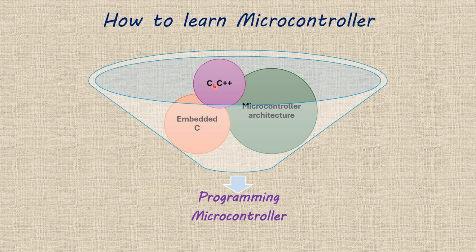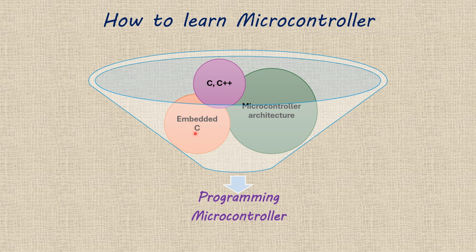It's efficient, fast, and widely used in embedded systems. You use C to write the code that controls the microcontroller's behavior. It's important to understand variables, loops, functions, and arrays in C, as they are the building blocks for writing effective programs.